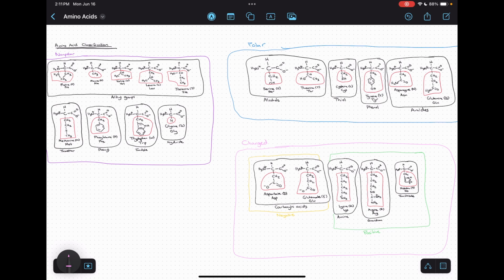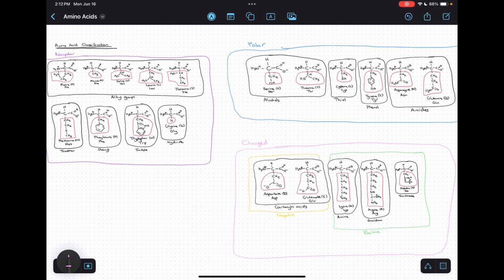Some things that we need to know, of course, for all 20 of these amino acids are things like the structure, the chemical structure, which we talked about. I also want to mention that you do need to know the name. You want to know how to spell the name correctly. And you also want to know the 1-letter abbreviation and the 3-letter abbreviation for each of the amino acids.